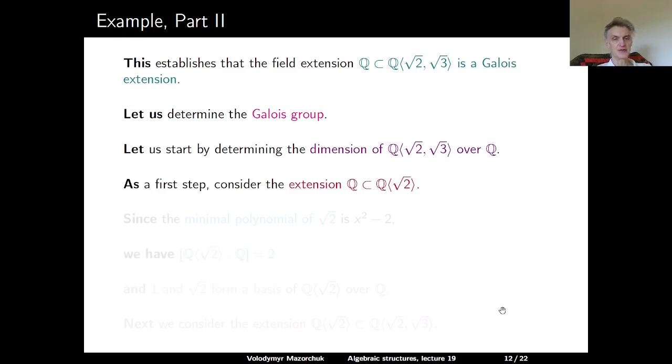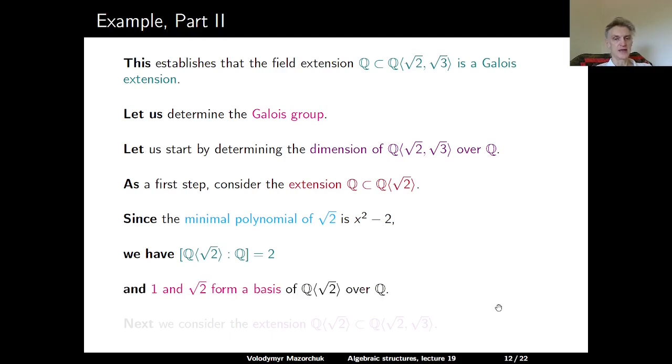As a first step, consider the extension of rational numbers, to rational numbers with the square root of 2 added. So the minimal polynomial of the square root of 2 is x squared minus 2. It has degree 2. And so we have that when we add the square root of 2, the dimension of the bigger field over the smaller field will be 2.